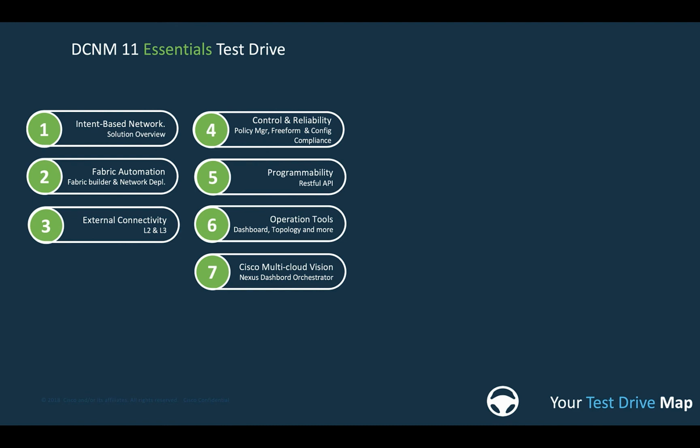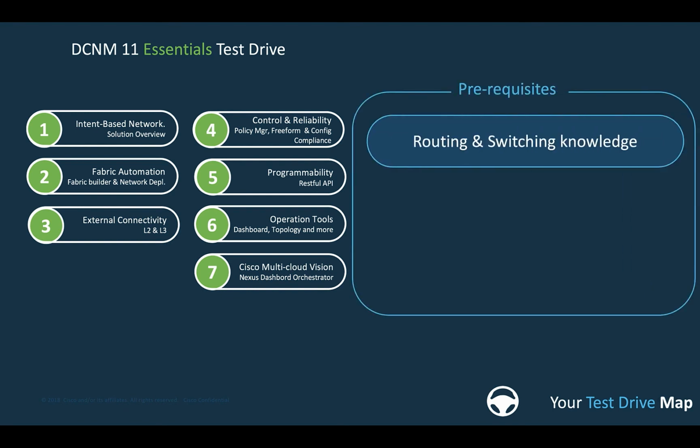And module 6 demonstrates the operation tools embedded with DCNM, such as health monitoring, alarming, endpoint locators, backup and restore, and much more. And finally, like I just mentioned, module 7 will discuss the evolution to operate multi-domains and multi-cloud in the context of the standalone network environments.